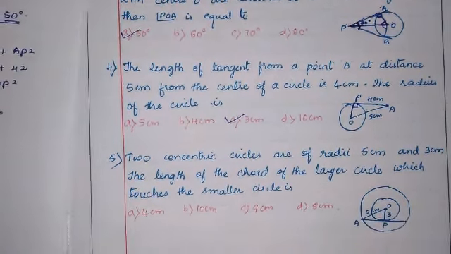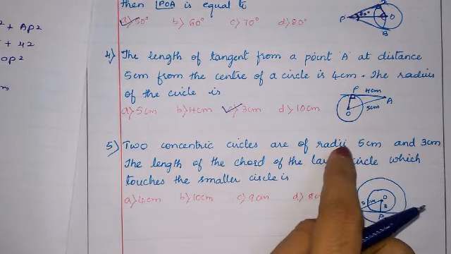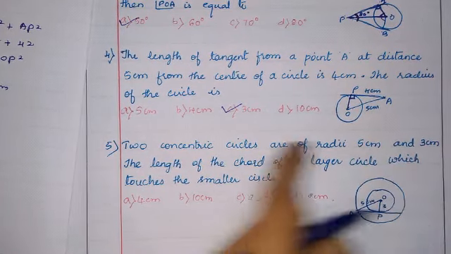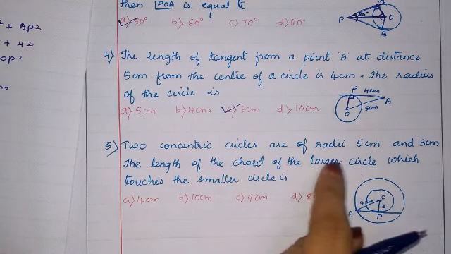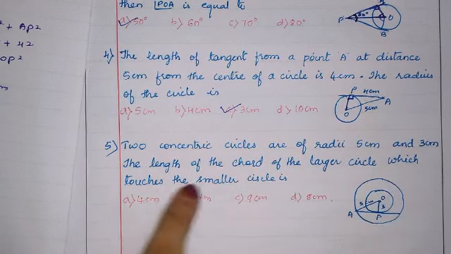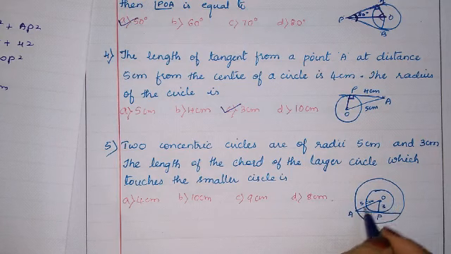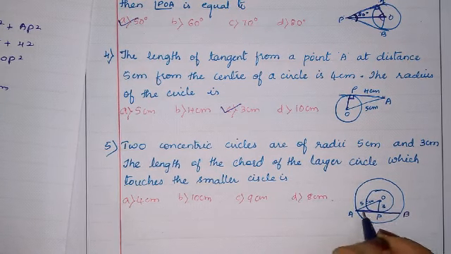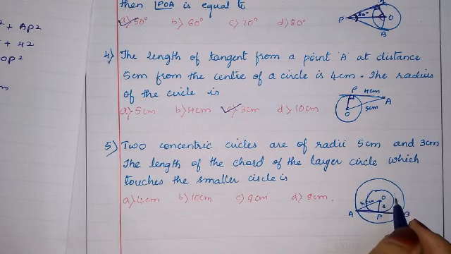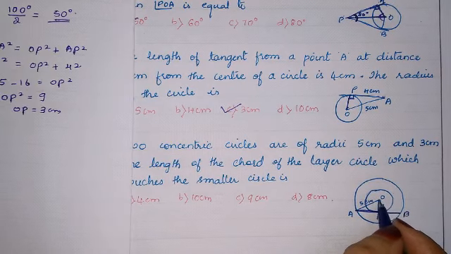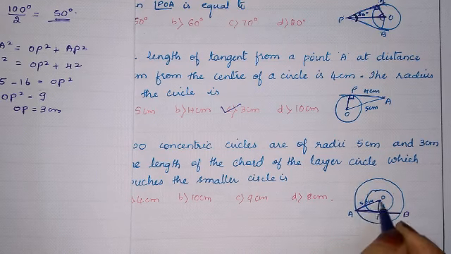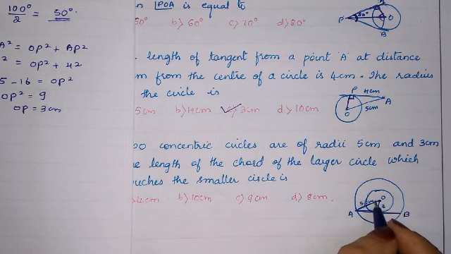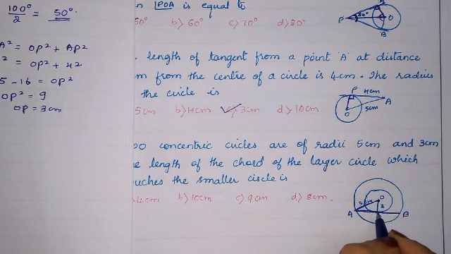Let us see the next question. Two concentric circles of radii 5 centimeters and 3 centimeters. The length of the chord of the larger circle which touches the smaller circle is, we have to find. You can see this is the bigger radius and this is the smaller radius.